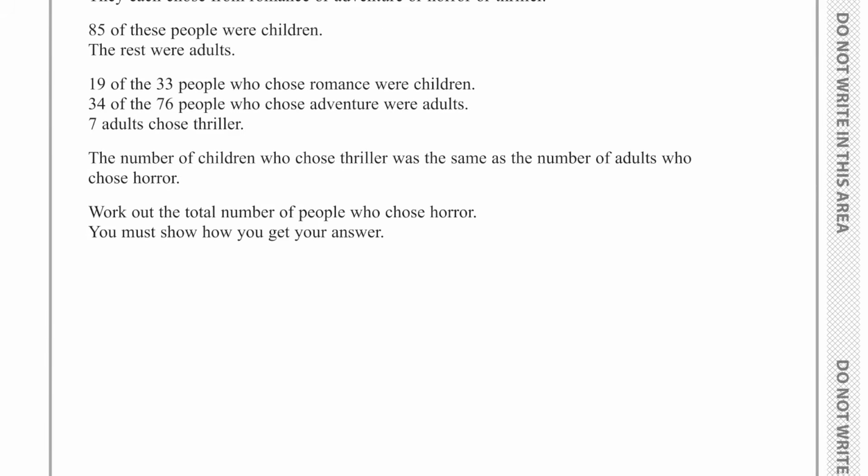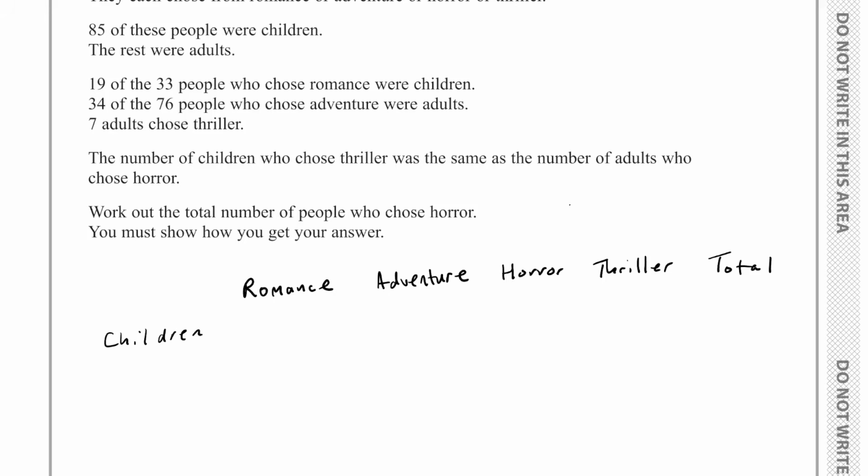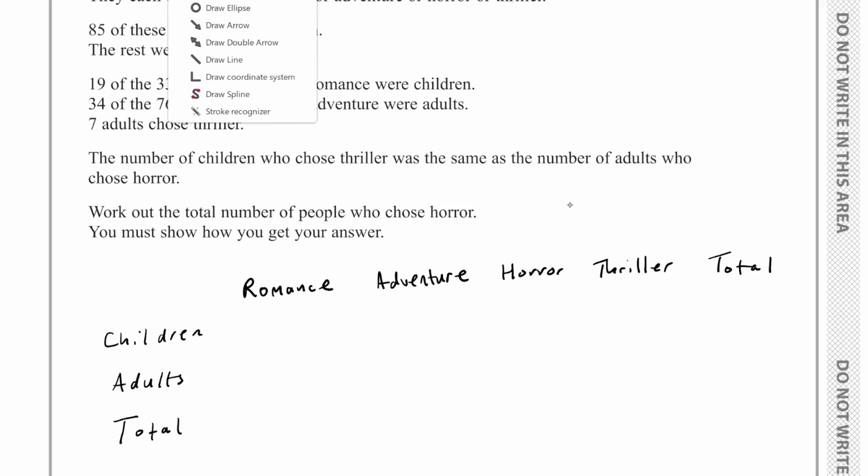So we're going to have romance as one option, adventure, horror, thriller, and total. And then we're going to have children, adults, and total again. And I'll draw a table.